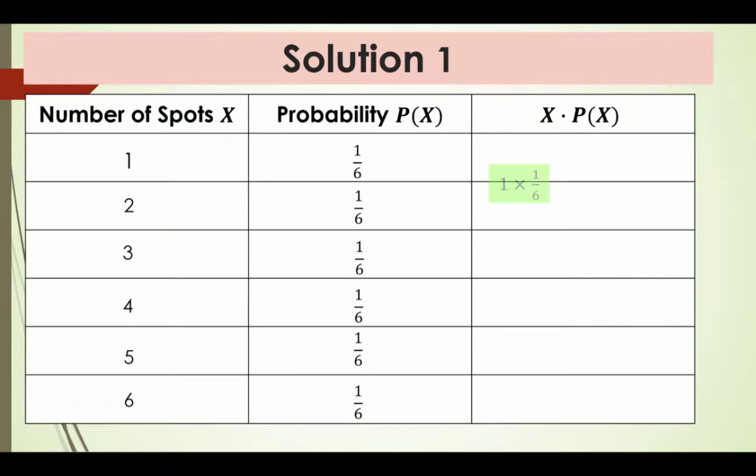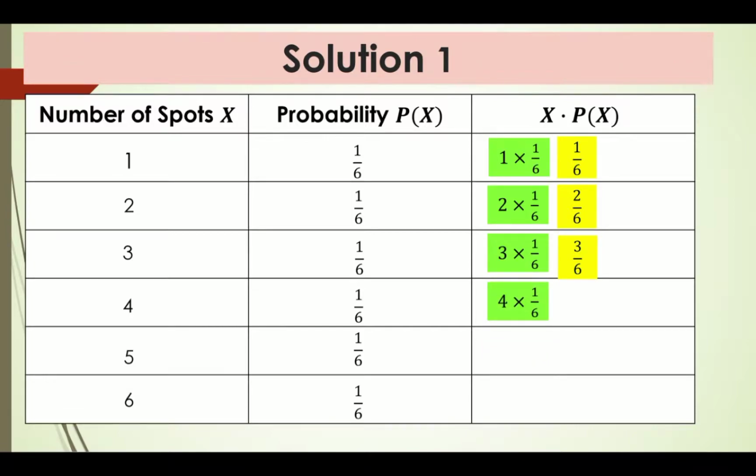First, we have 1 times 1 over 6 equals 1 over 6. 2 times 1 over 6 equals 2 over 6. 3 times 1 over 6 equals 3 over 6. 4 times 1 over 6 equals 4 over 6. 5 times 1 over 6 equals 5 over 6. 6 times 1 over 6 equals 6 over 6.